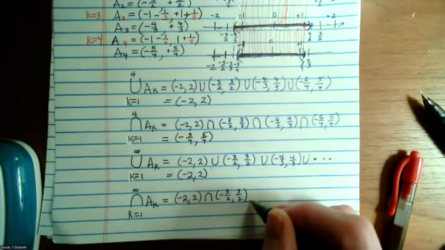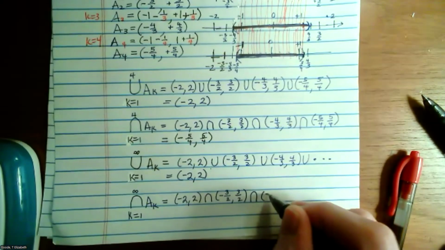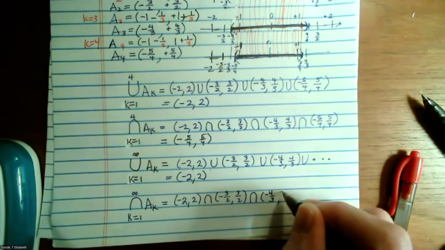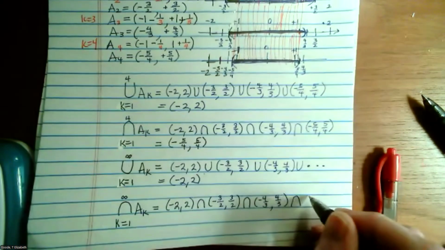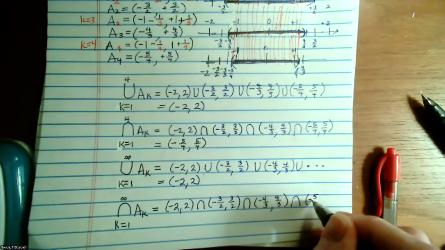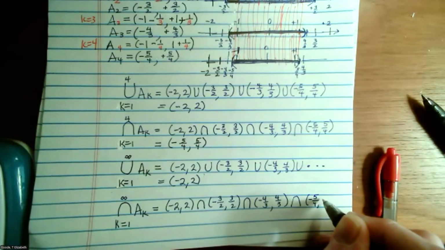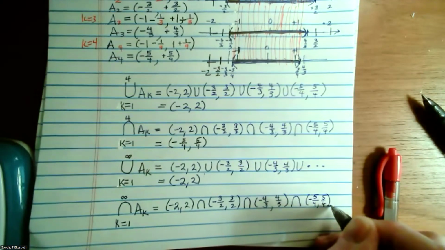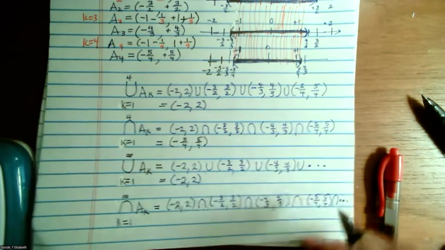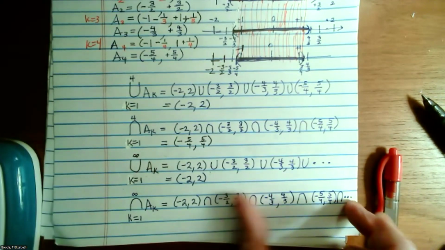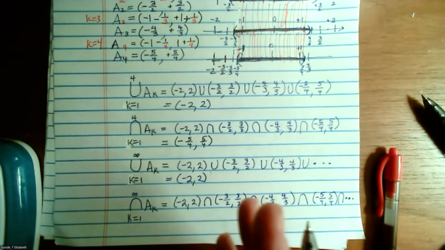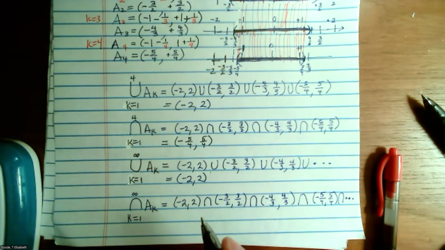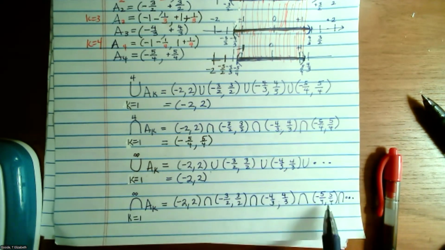And that means we're intersecting with progressively smaller and smaller sets that are tucked inside the prior sets, right? If we just keep doing that forever, what finally would be the only points that we could be sure are in all of these sets?